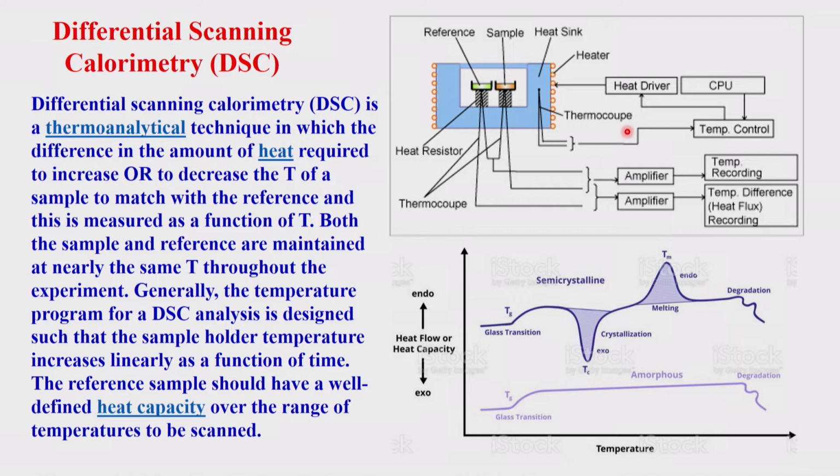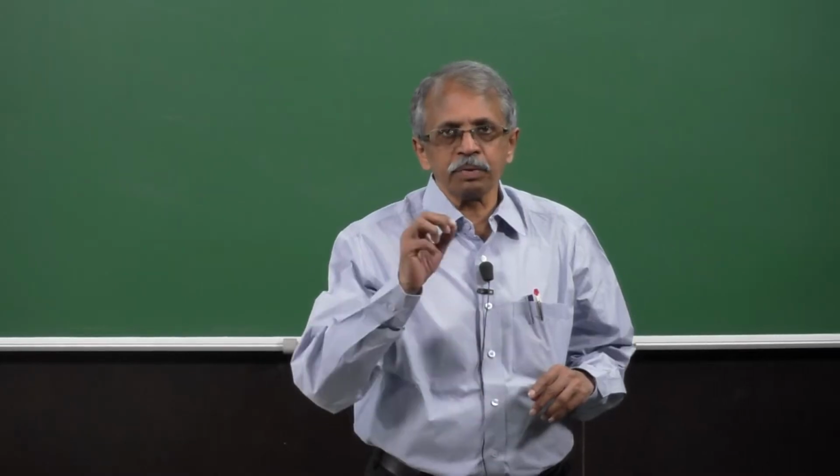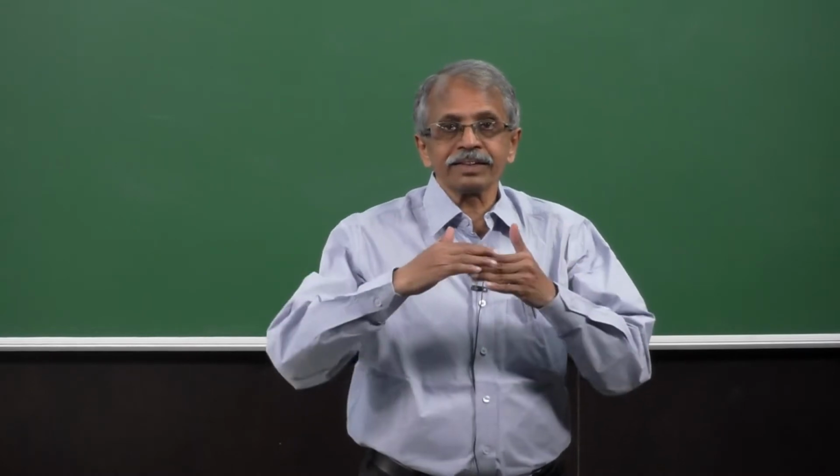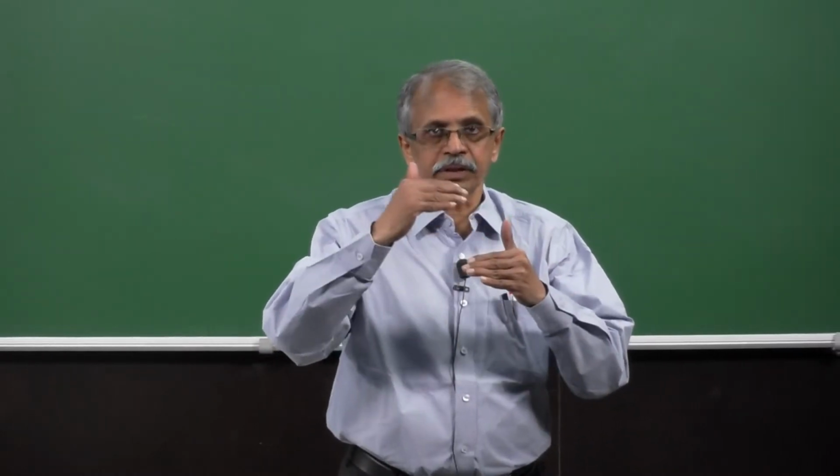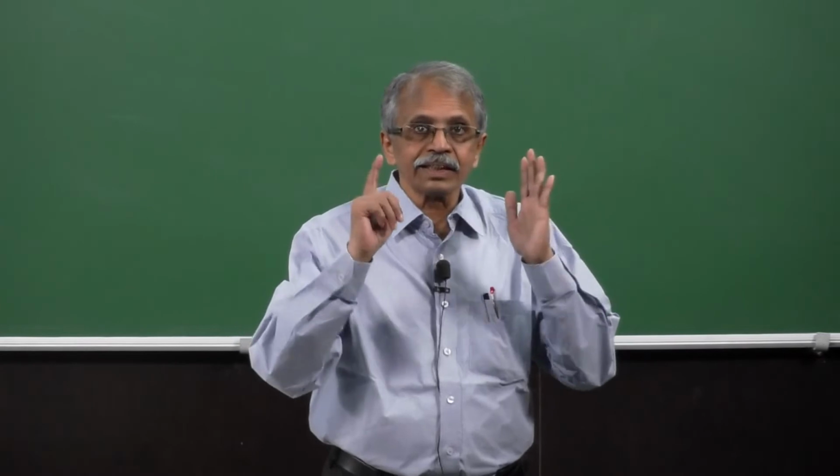I hope the basic principle of the DSC is very similar to that of the differential thermal analysis, which we saw in the previous class. There it is the temperature raise or temperature decrease, that is delta T, that you use.